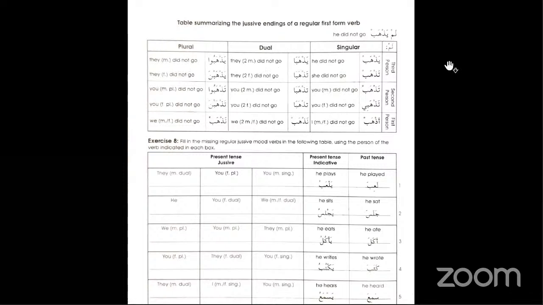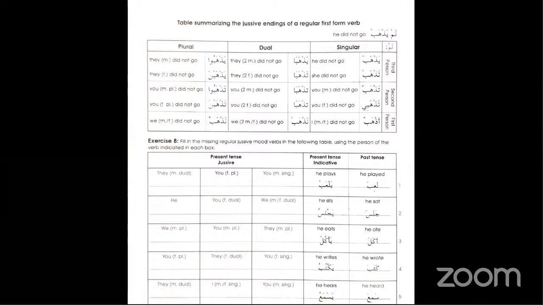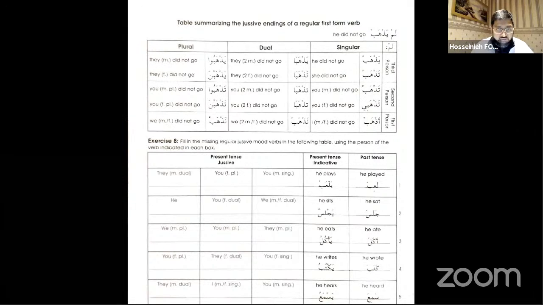The top box is for the third person. Lam yadkhul, lam yadkhula, lam yadkhulu, lam tadkhul, lam tadkhula, lam tadkhulna, lam tadkhul, lam tadkhula, lam tadkhulu, lam tadkhuli, lam tadkhula, lam tadkhulna, lam adkhul, lam nadkhul. Excellent. Jazakallah, sister. That's correct.